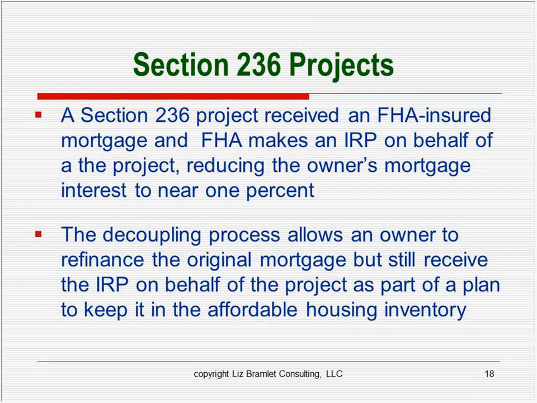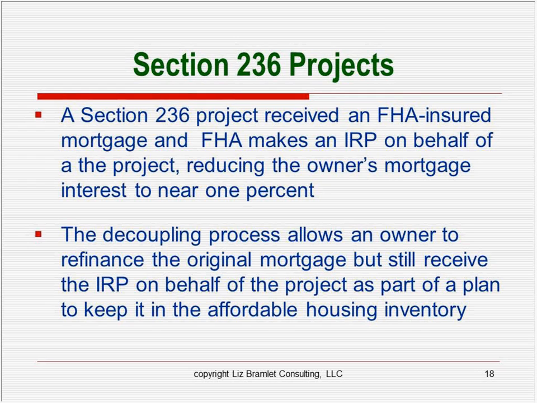It's a program through which the feds provide FHA mortgage insurance for a project, and in addition to insuring the mortgage, they made a second mortgage payment on behalf of the owner, and that second mortgage payment made by the feds was referred to as the interest reduction payment, and reduced the interest that the owner had to pay on their mortgage from something like 6% to 1%, making it easier for the owner to operate at affordable rents.